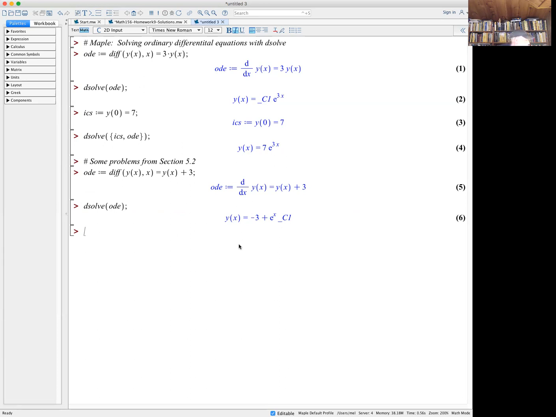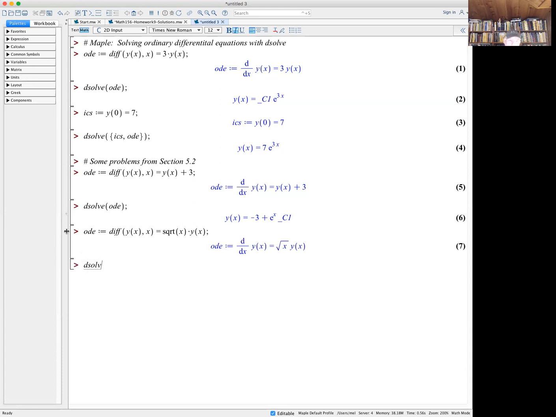Let's do another example. Suppose we have the ordinary differential equation dy dx equals square root of x times y of x.